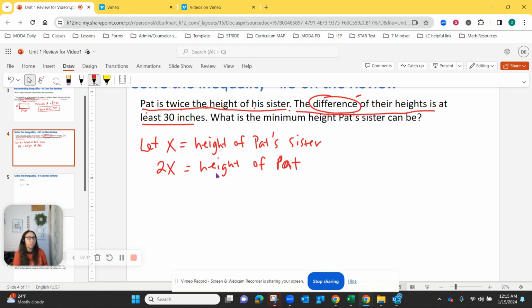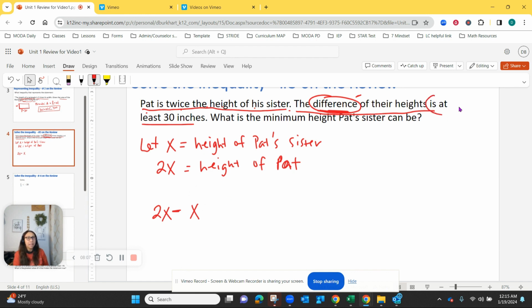So I can assure that Pat is taller than his sister. But it says the difference, so I am going to take the height of Pat, which is 2x, and subtract the height of Pat's sister.